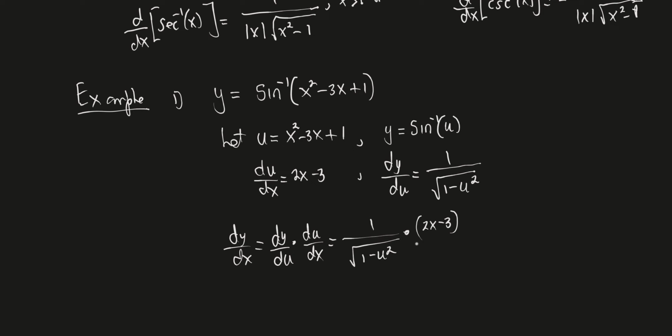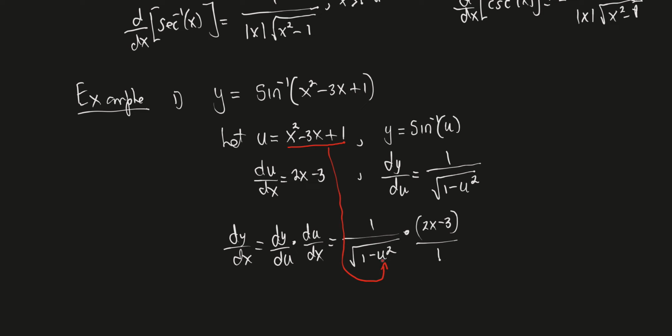So two things I'll do. First is I'll put the 2x minus 3 over 1, and then second, as always, since we want our final answer to be in terms of x, wherever there's a u in my derivative, I'm going to replace it with the quantity x squared minus 3x plus 1. And again, this is us forming another composite.